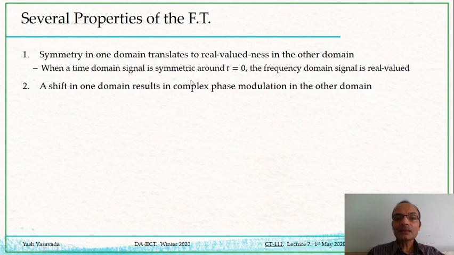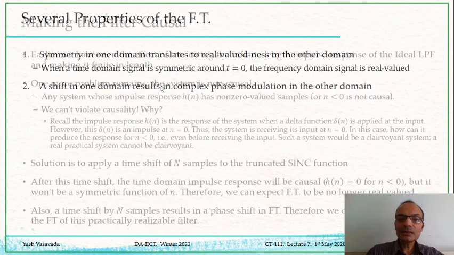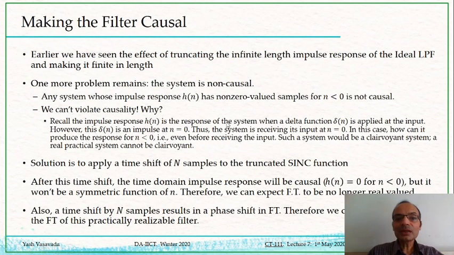And that is exactly the second property, that a shift in one domain results in complex phase modulation. So you see in this case, property 1 and property 2 both are getting applied in this process of turning the filter into a causal filter.